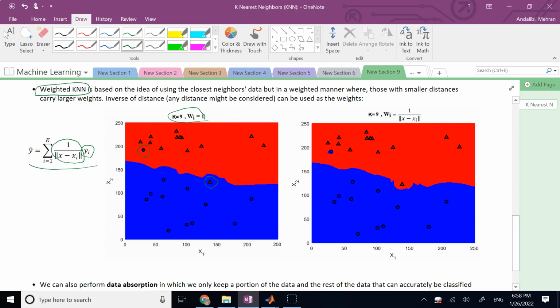While here, if I use the reciprocal weight, as you can see, I have that misclassification fixed, so now it belongs to the triangles class, and there is this small blue island within the red region where the data is correctly classified as a circle.